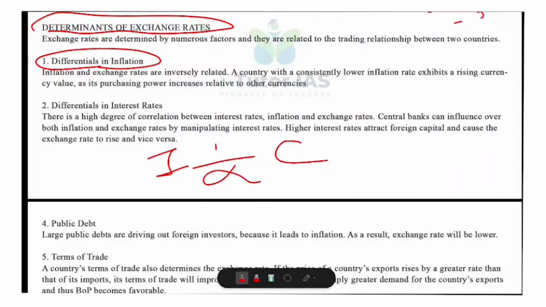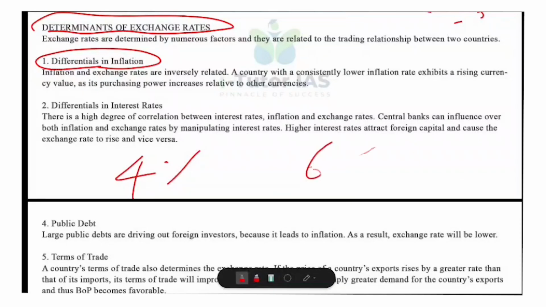So if there is lower inflation, purchasing power rises and currency appreciates. And if there is higher inflation, purchasing power falls and currency depreciates. For example, if India's inflation is 4%, US inflation is 6%, then Indian rupee gains value relative to the US dollar. So that's about differentials in inflation.